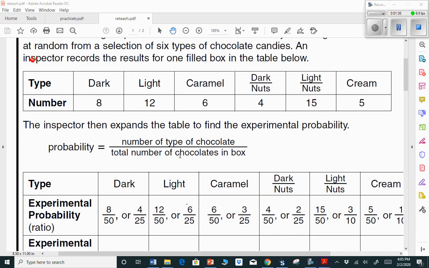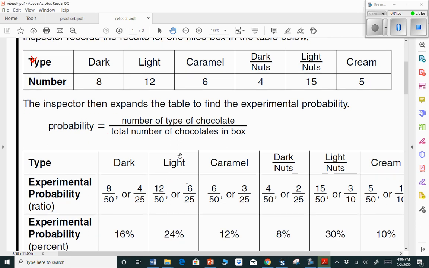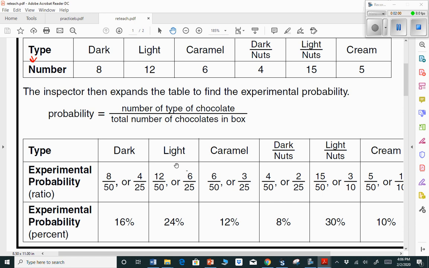So his little formula for that, it's just like yesterday's, that the probability of a particular kind of candy is the number of that kind of candy over the total number of chocolates in the box. So they told us that there were 50. So notice all of our denominators here are 50 to start out with.